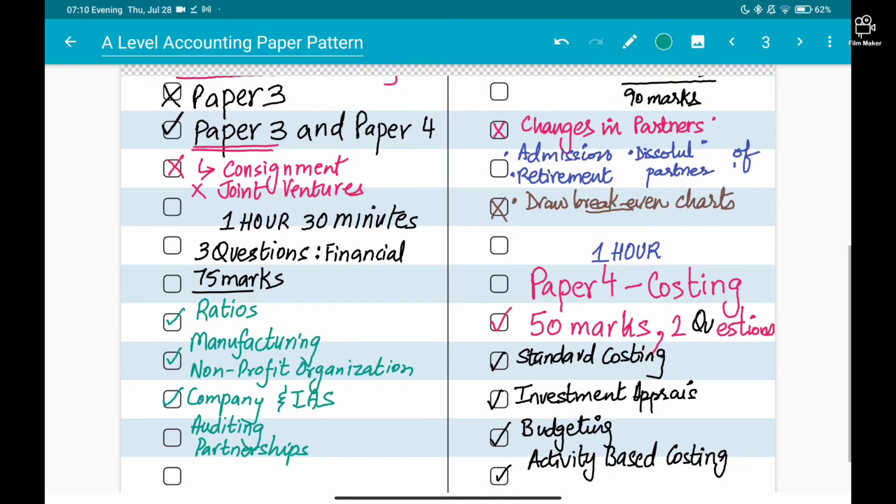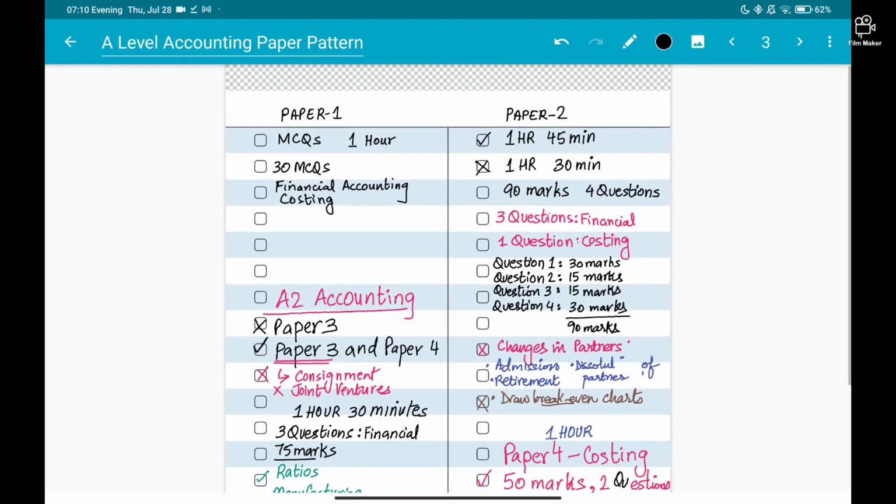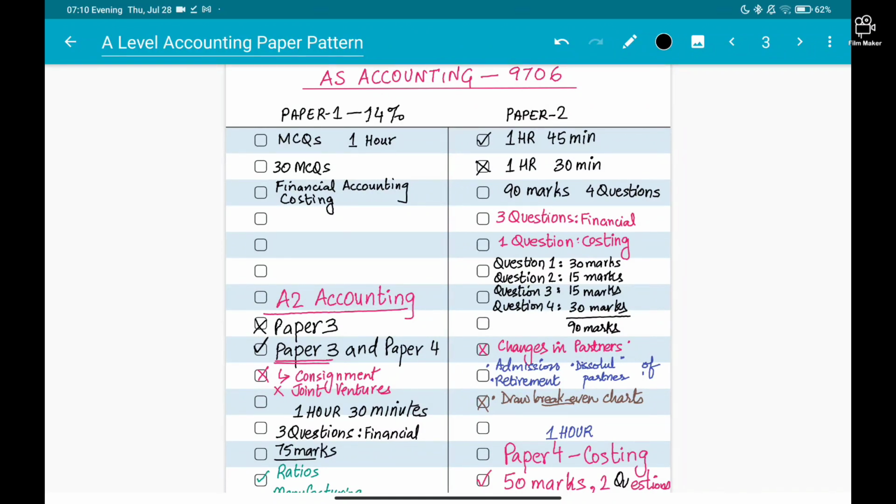In order to make it 100%, if we talk about the weightage as well, just to give you an idea, I'm talking about the whole A level weightage, not only AS or A2 separately. The whole A level weightage is that paper 1 will have 14% when you get the final grade.